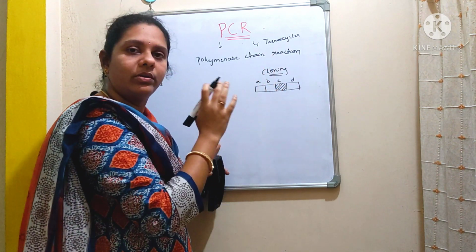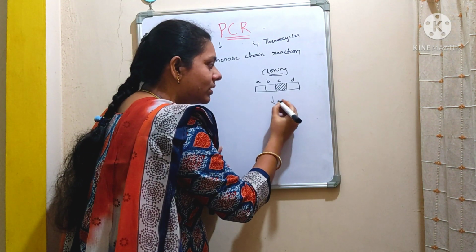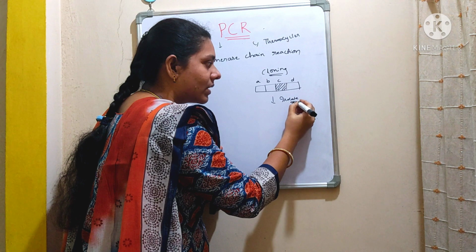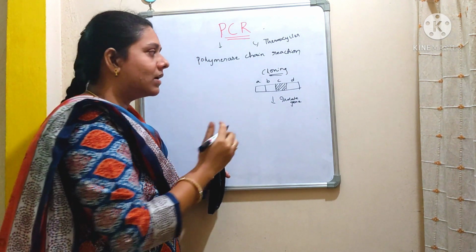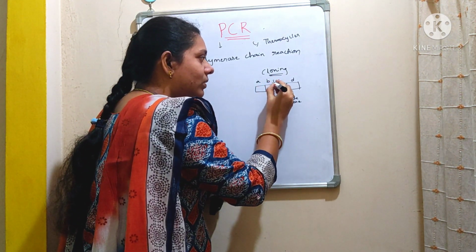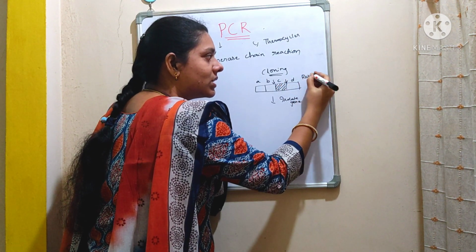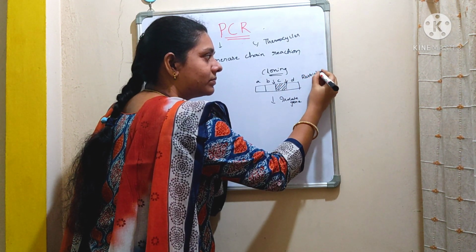So first you need to isolate the gene. How will you isolate the gene? You need to use some enzymes called restriction endonucleases.